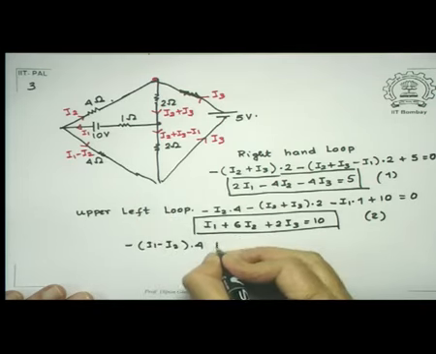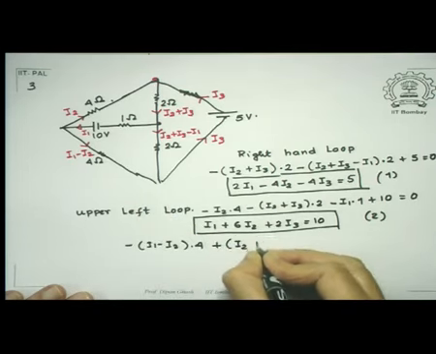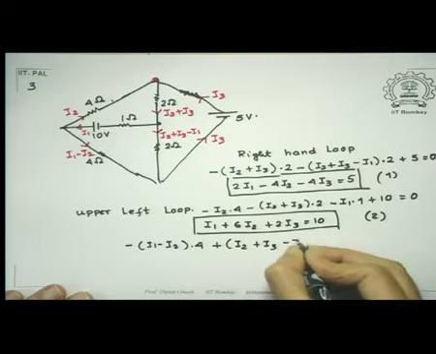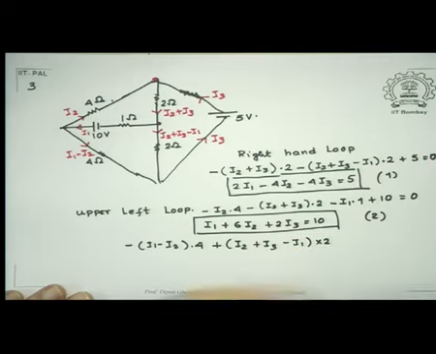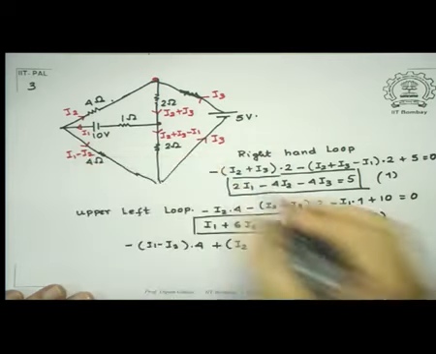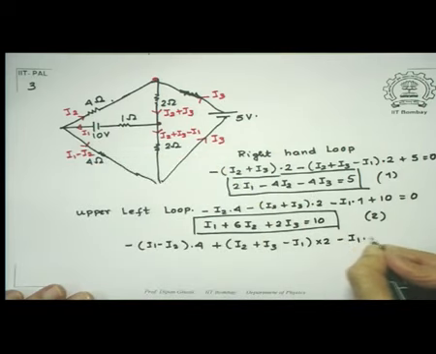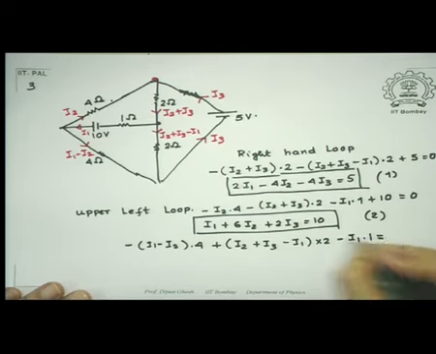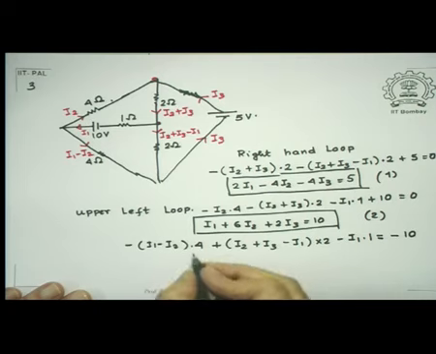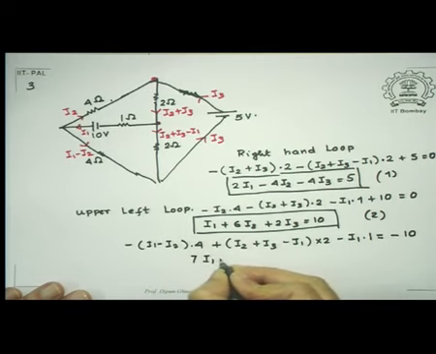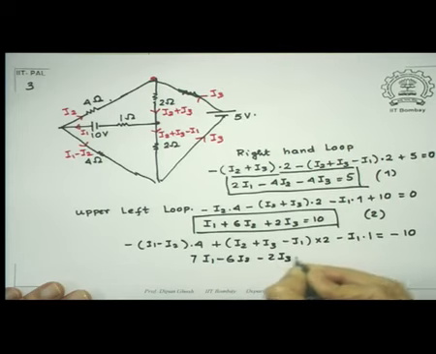So therefore plus I2 plus I3 minus I1 into 2 minus I1 into 1, and that is equal to actually plus 10 equal to 0, so minus 10, and you simplify them you get 7I1 minus 6I2 minus 2I3 equal to 10.